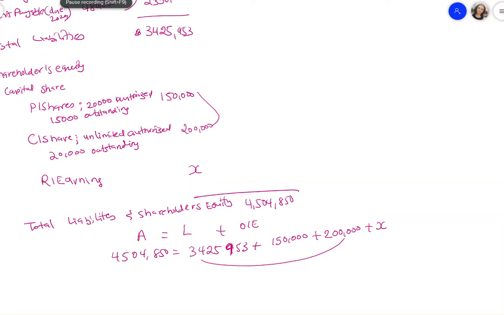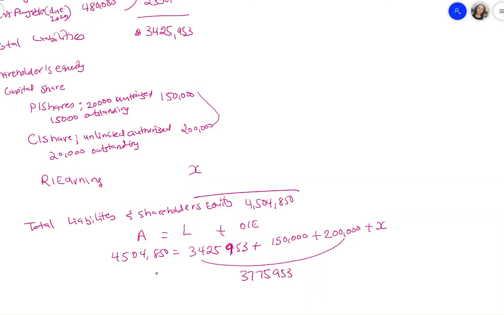So 3,425,953, you add your 150,000, you add your 200,000, gives me 3,775,953, and they both should be equal.